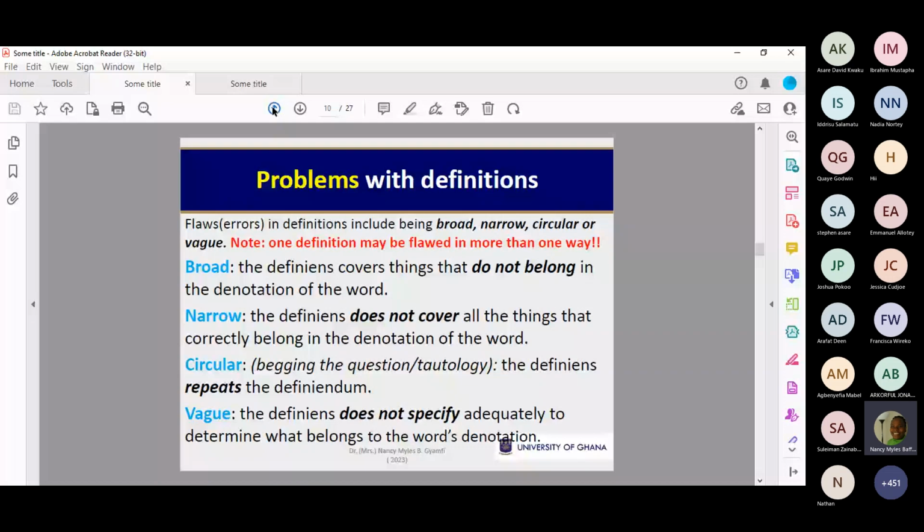Why? Because I'll now start calling cows, goats, elephants, all animals that have 4 legs, I'll call them dogs. So it's too broad. I've included certain illegitimate members to the denotation. That is broad. But it was clear before I could do that diagnosis.